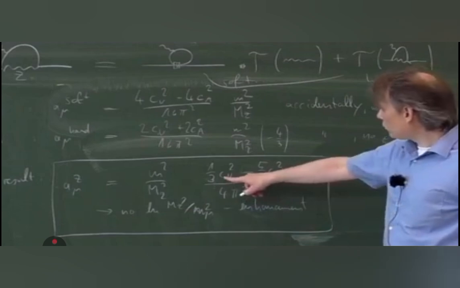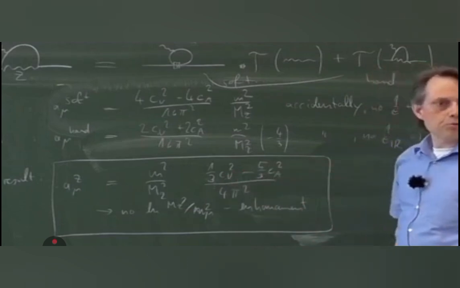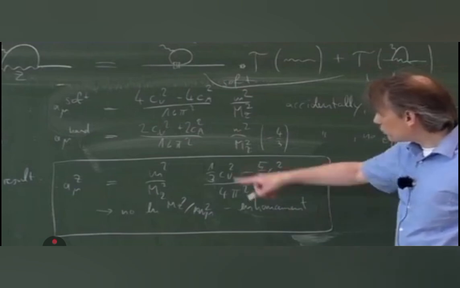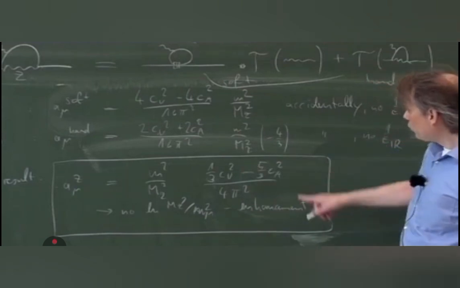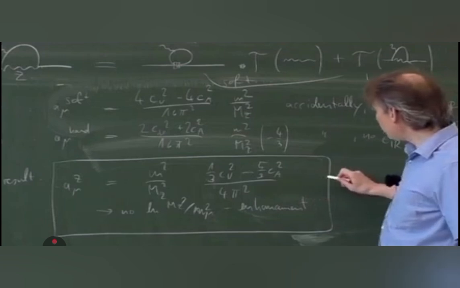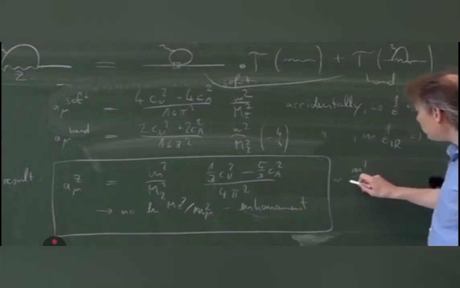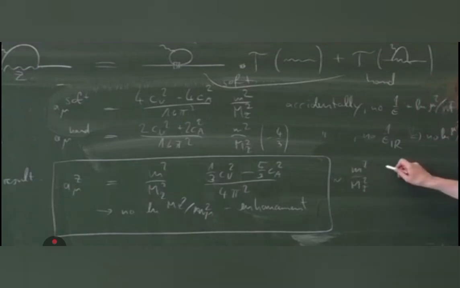And so CV and CA are some combinations of the two gauge couplings, and in the W you have the same kind of expression. There is in both cases no logarithmic enhancement, and if you simply look at the orders of magnitude, then it behaves like muon mass square divided by the weak mass square times the electroweak gauge couplings divided by something like 8 pi square.